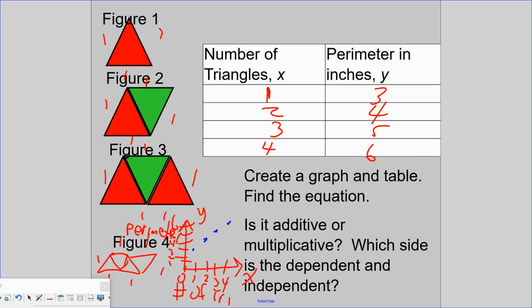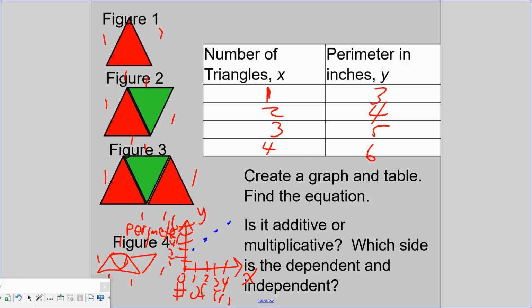Is it continuous or discrete? Continuous means it continues on. Discrete is just each individual one. This is going to be discrete because I'm talking about each triangle. I'm not doing a fractional part of a triangle, like 0.001 of a triangle.